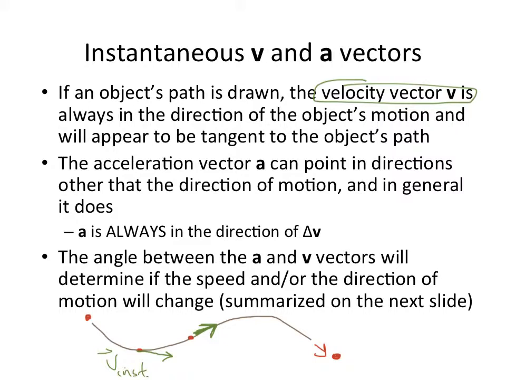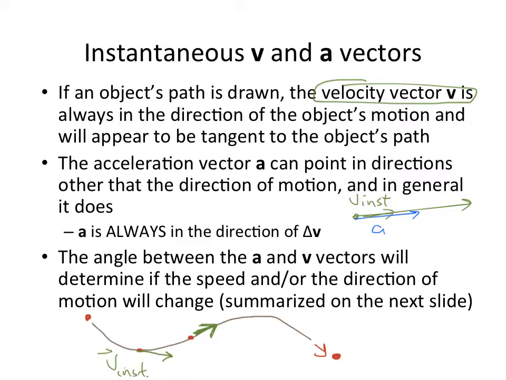Now let's just say for a minute that we had an instantaneous velocity, and we had an acceleration that was applied in that same direction right there. Well, the object is going to increase its velocity in that same direction because it's being accelerated.